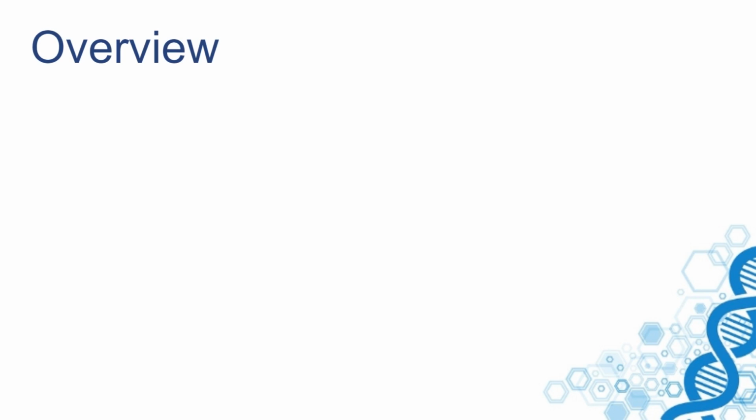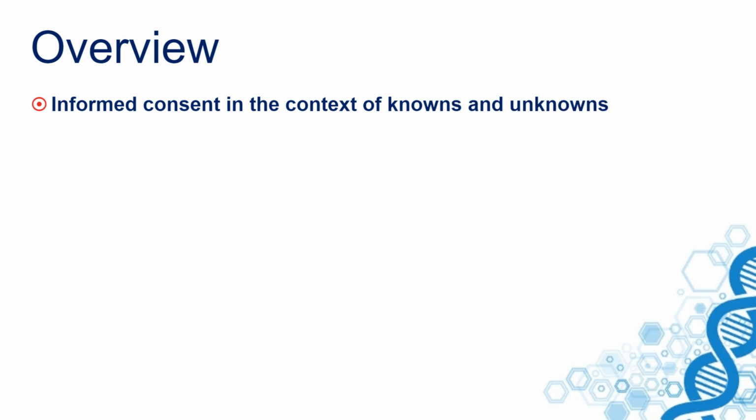I'll spend the next approximate 20-25 minutes overviewing how I go about informing the consent in the context of information that's known relative to available data, and then of course outlining what we don't know and what remain outstanding questions.